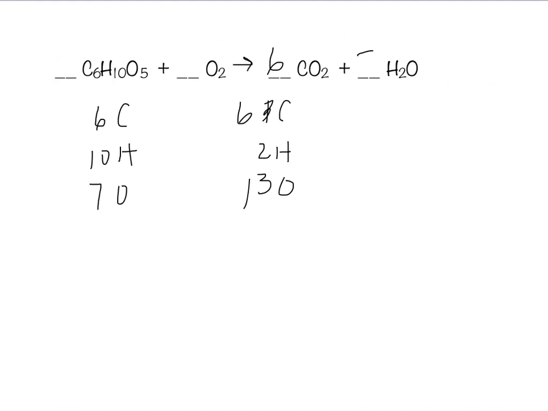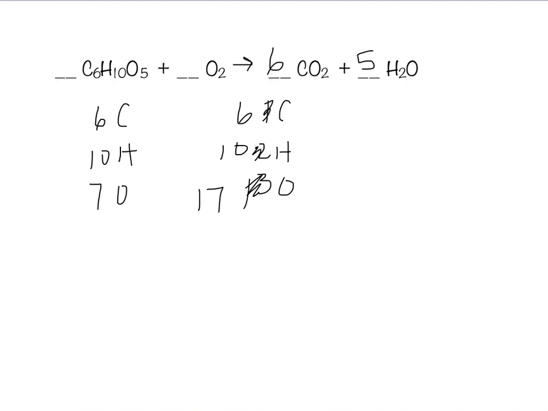If I put a 5 in front of the water, that's going to make this 10. And now for the oxygen, I have 2 times 6 is 12, plus 5, which is going to give me 17. Everything's balanced with the exception of the oxygen. 7 and 17, those aren't going to be fun numbers to factor.